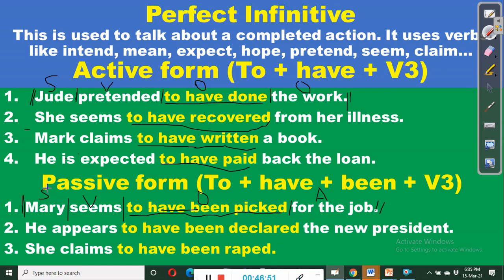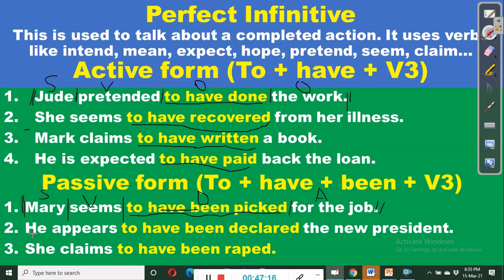We look at whether we are dealing with the active or the passive form depending on what the subject of the sentence is doing, whether it is the doer of the action or the receiver of the action. Here, Mary is the receiver of the action. Under active form, Jude is the doer of the action.